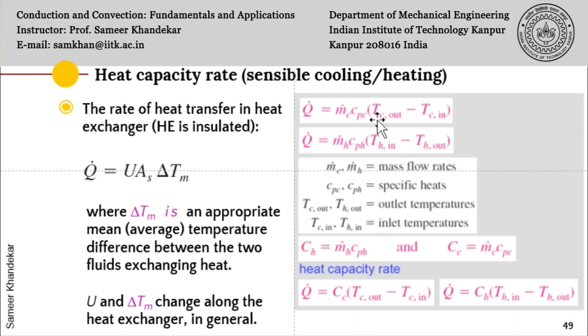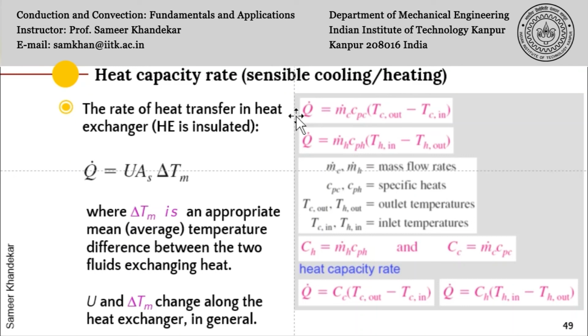So the cold fluid will become hot, and therefore Tc out will be larger than Tc in, because the cold fluid becomes hotter as it passes through the heat exchanger. So this is the heat which is absorbed by the cold fluid.